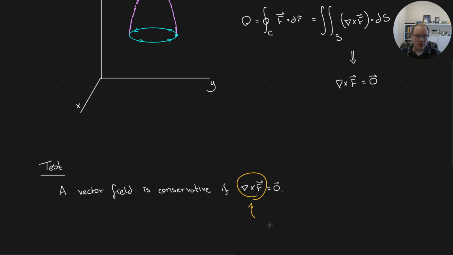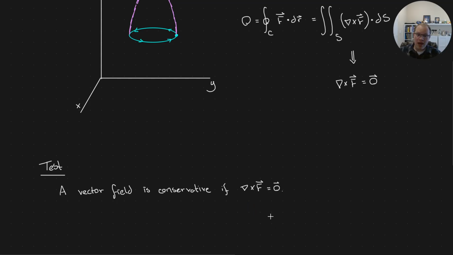In a three-dimensional space, for a three-dimensional vector field, it's the curl in the usual sense. Okay. And we're looking to see if the curl vector is identically 0 for every point in space. Okay. In 2 dimensions, we'd be looking at the scalar curl. Okay. And if that's 0, then the 2-dimensional vector field is conservative.